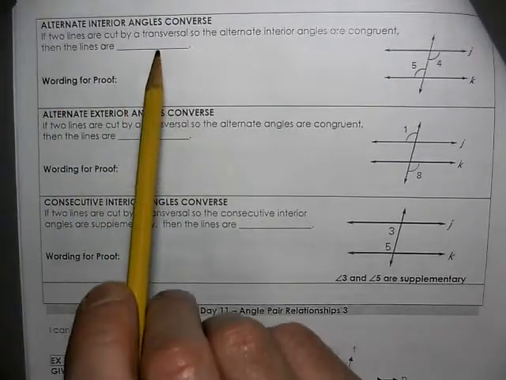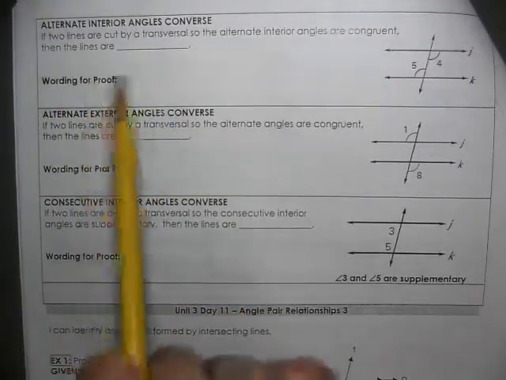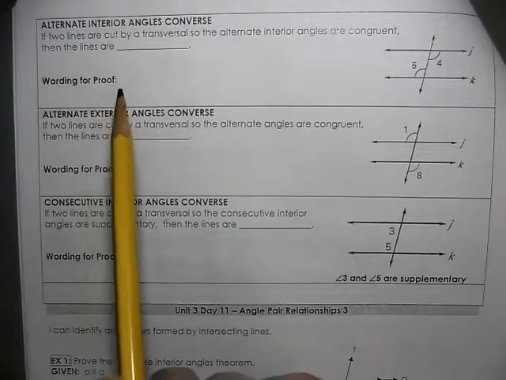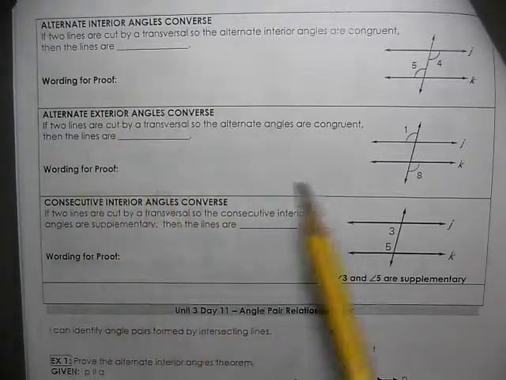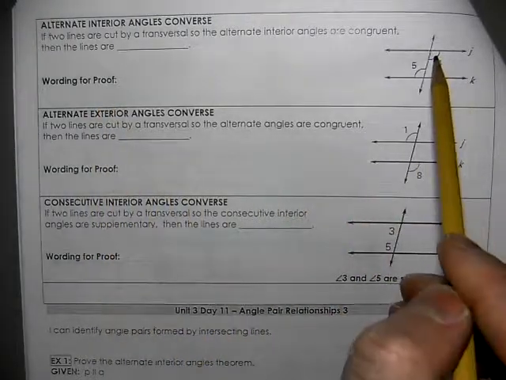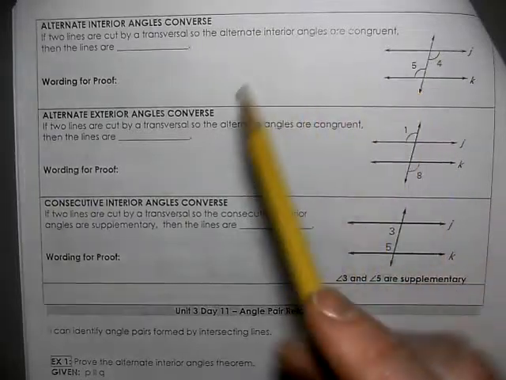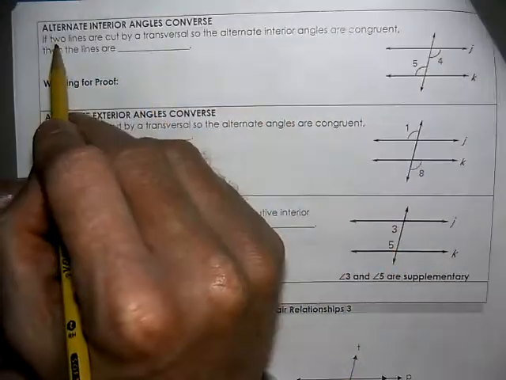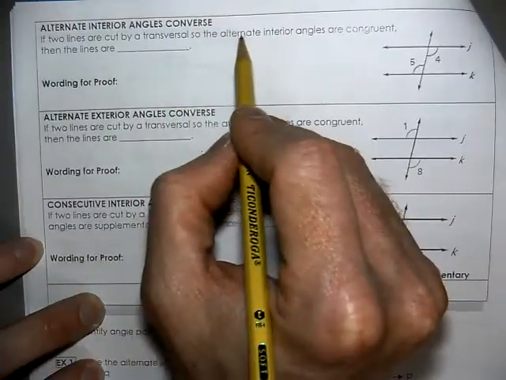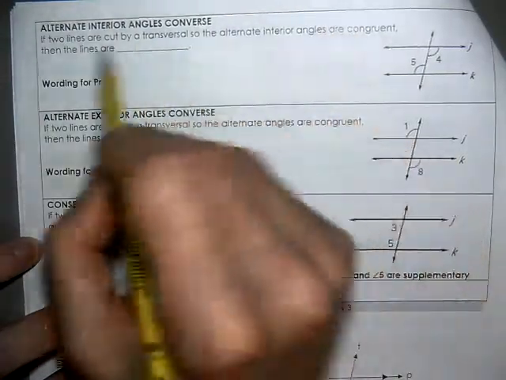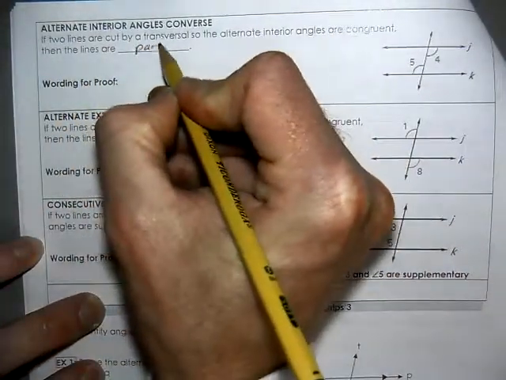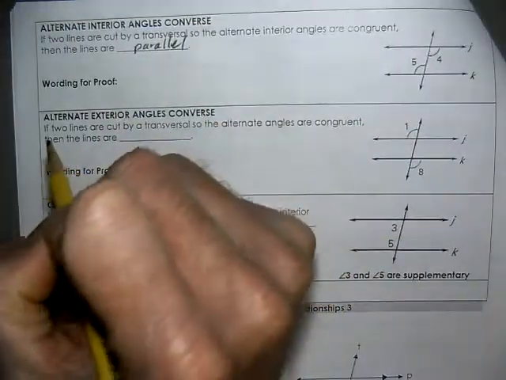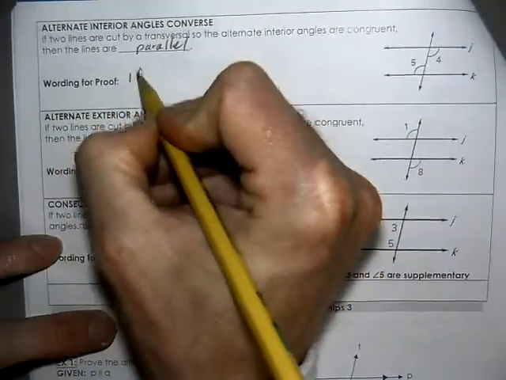What the converse is talking about is the converse of each of our statements we learned yesterday. If two lines are parallel, then alternate interior angles are congruent. Now what we're going to say is if alternate interior angles are congruent, then the lines are parallel. That's the converse. Listen to the difference.